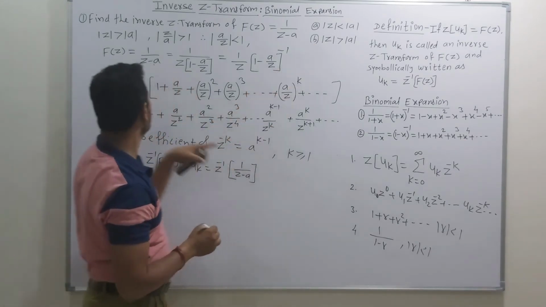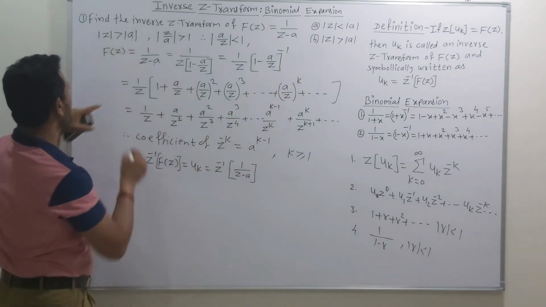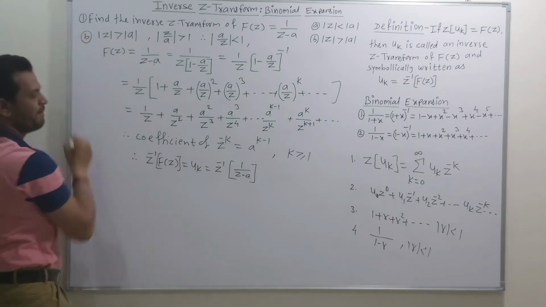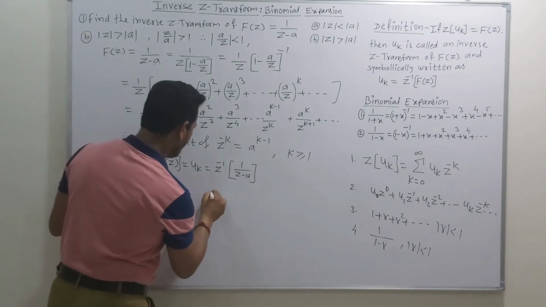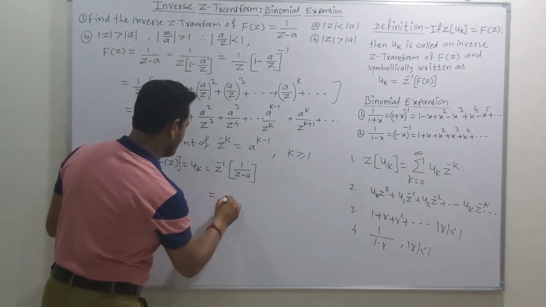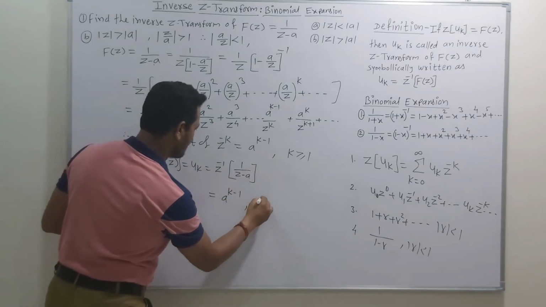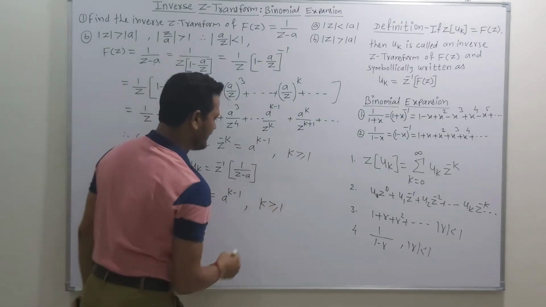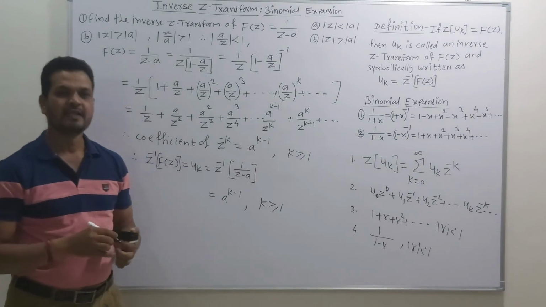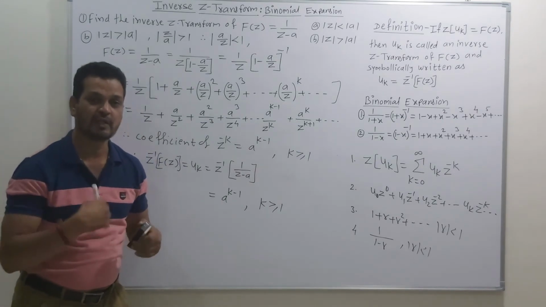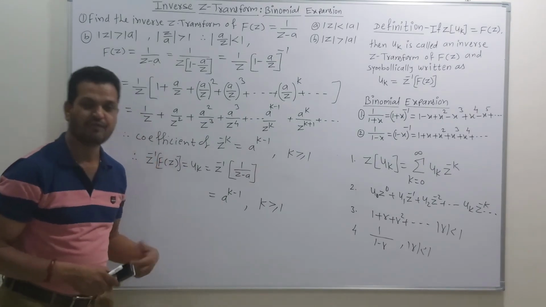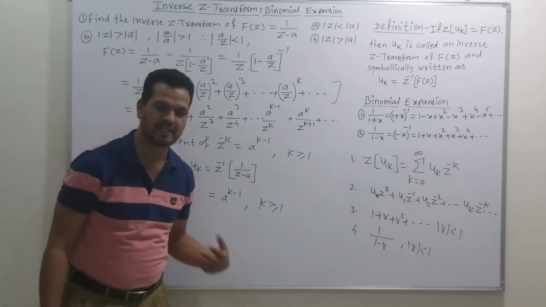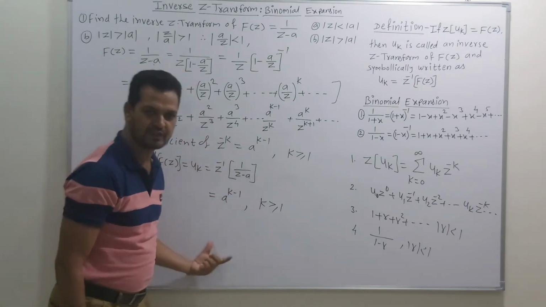For this second condition, mod of z is greater than a, so this is the big condition, and for this condition, the value of this term is a raised to k minus 1, where k is greater than or equal to 1. So friends, in this way we can easily solve the example based on the inverse z transformation by binomial expansion. So now this is the first example.